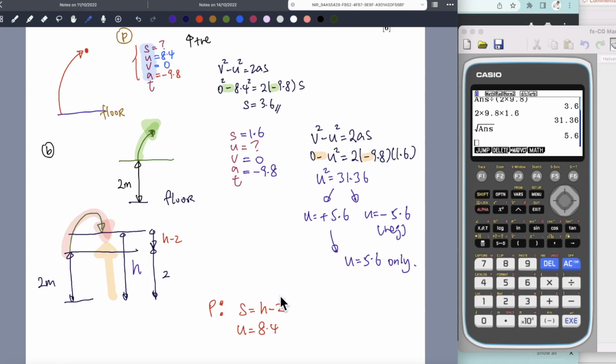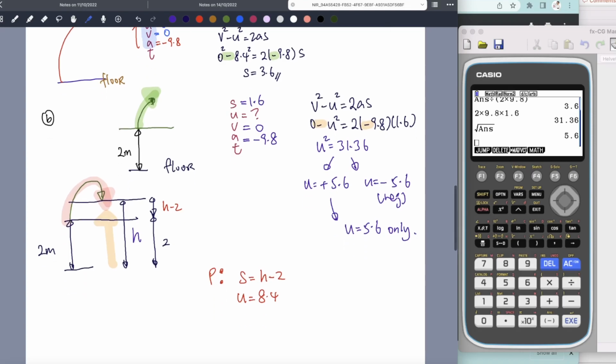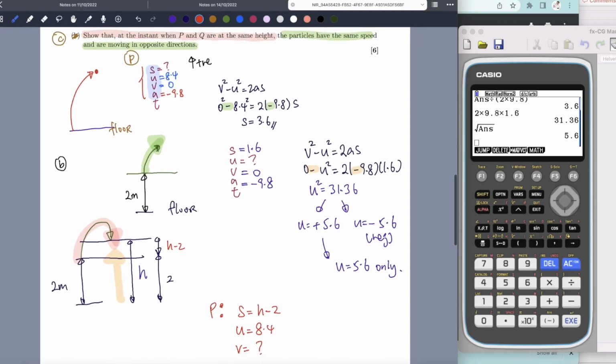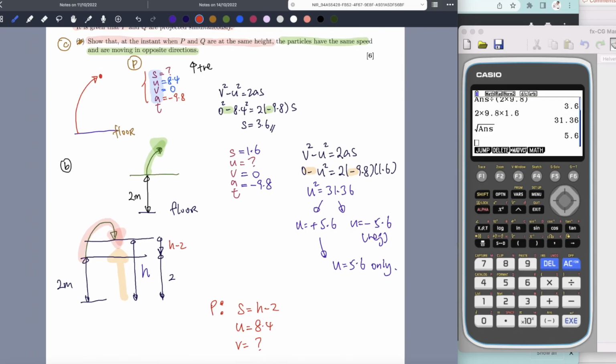A lot of you put S to be 3.6. S is only 3.6 at the top, but we are quite sure it's not the top. So S is something that we need to find out. V is not 0. V we don't know. Based on the question, V is something that we're trying to find out. V is the green part. The particles have the same speed; we're finding out their speed.